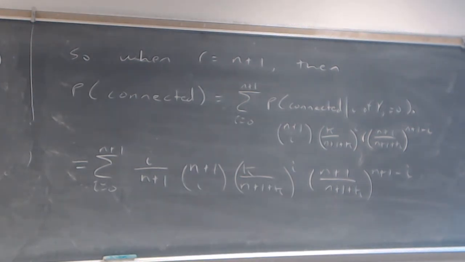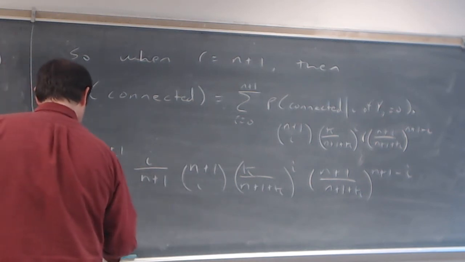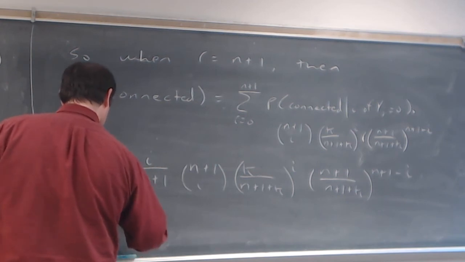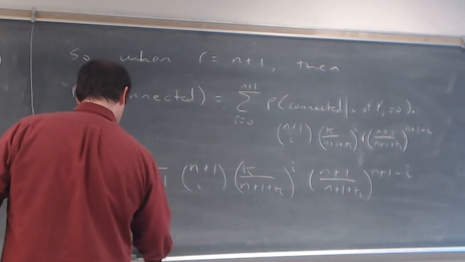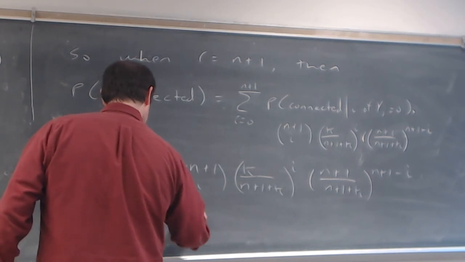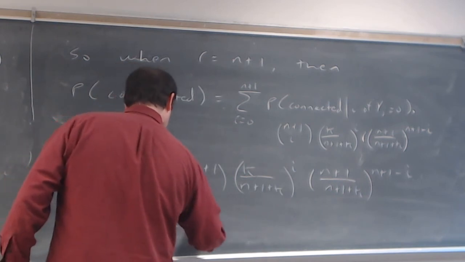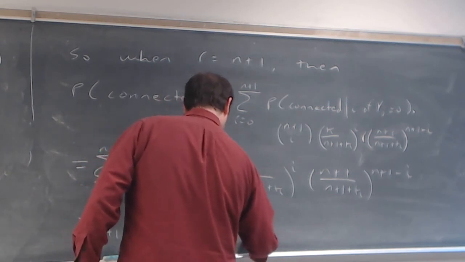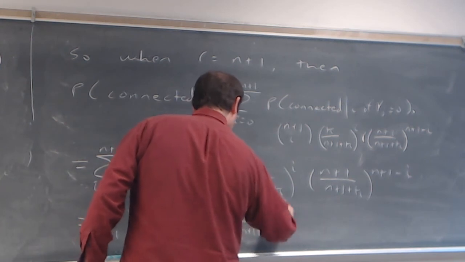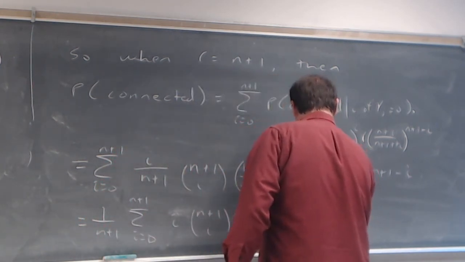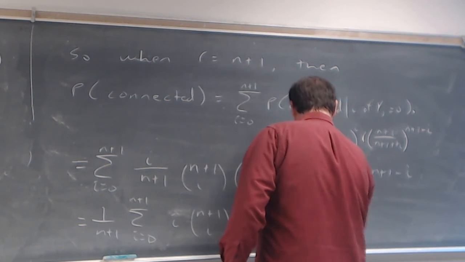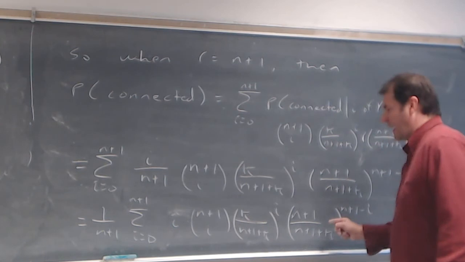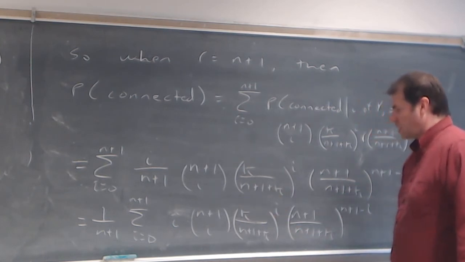Here we'll take out the 1 over n plus 1 outside the sum. And this is the sum as I runs from 0, then I, and then n plus 1 choose I, k over n plus 1 plus k raised to the I, n plus 1 over n plus 1 plus k raised to the n plus 1 minus I. Now look, this here's the PMF of a binomial with n plus 1 trials.